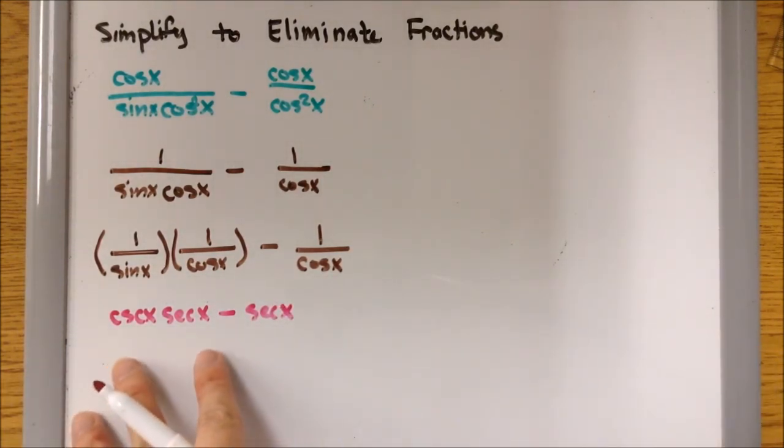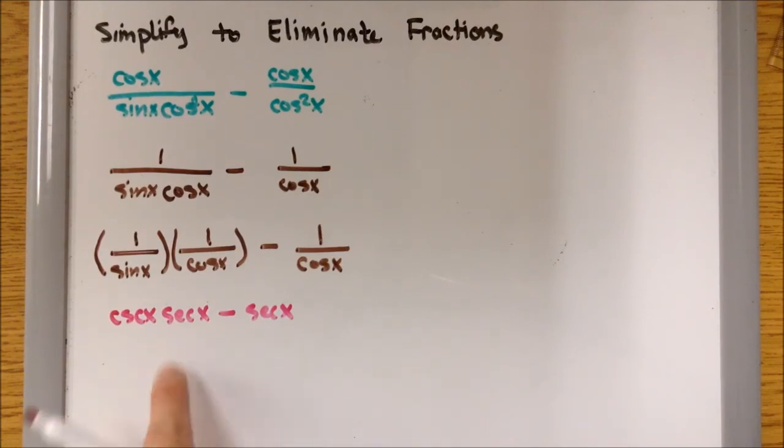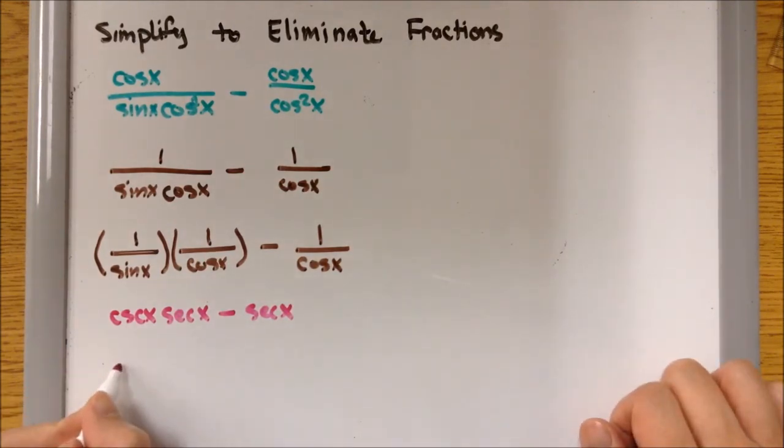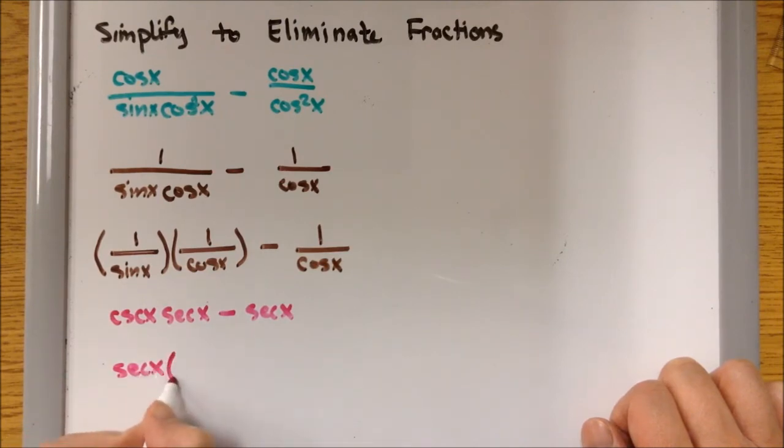Now I can still simplify this because in the first part and in the second part they both have secant of x. So what I'm going to do is factor out the common factor. Our common factor will be secant of x, parentheses.